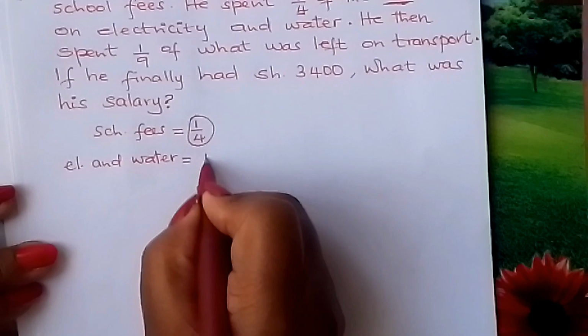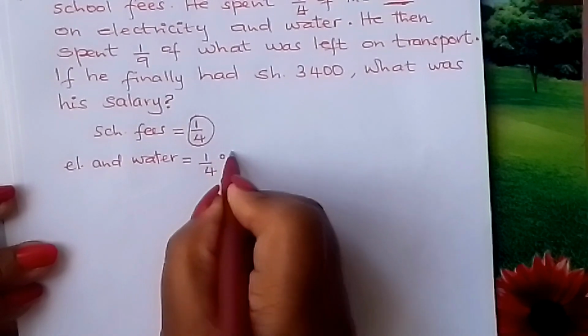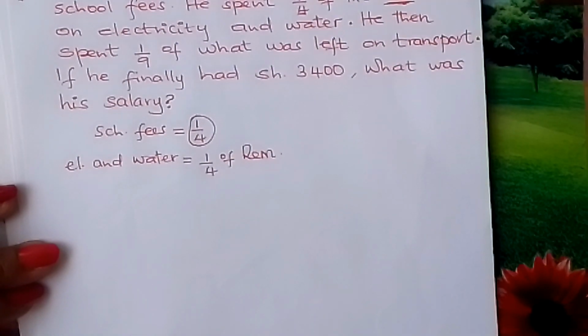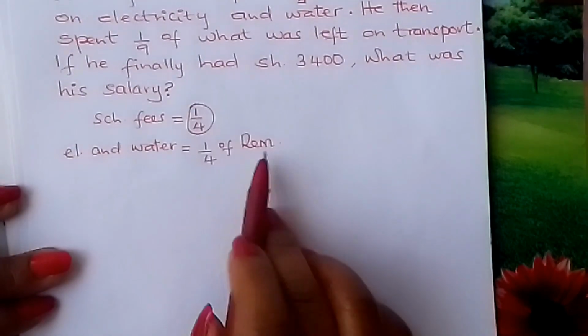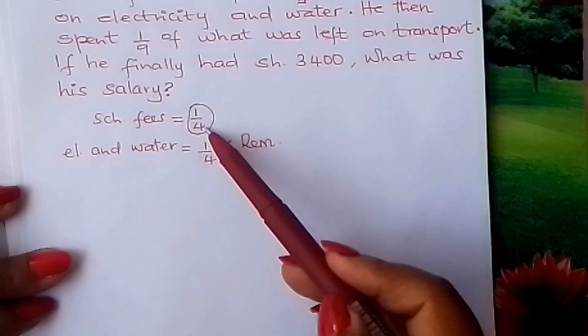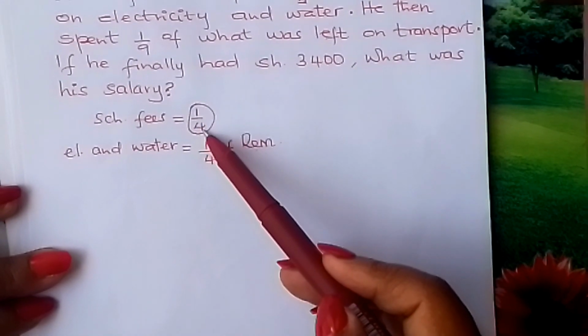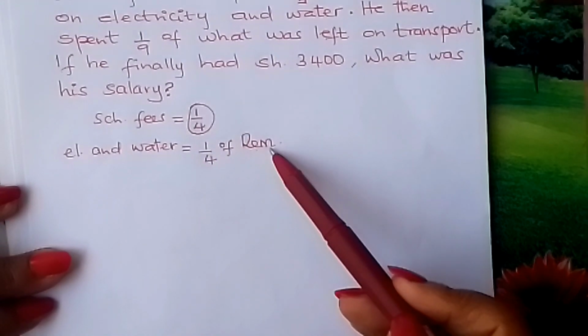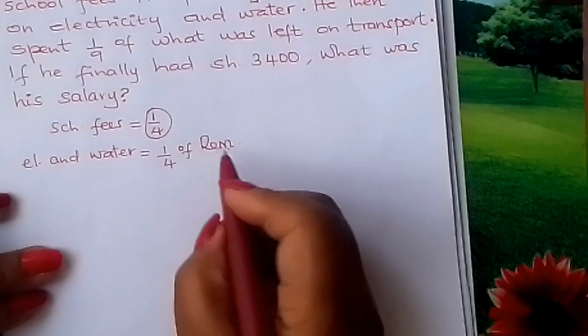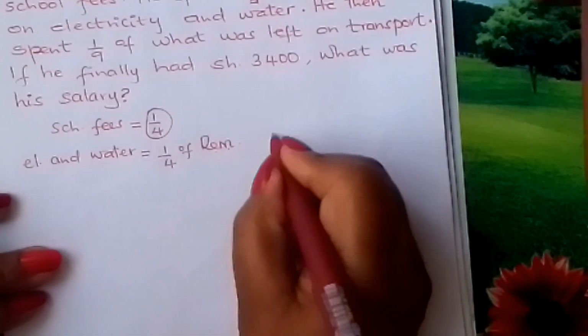He spent a quarter of the remainder. What is this remainder? We are told on school fees, he spent a quarter. So, what is the remainder of his salary? It is 3/4.